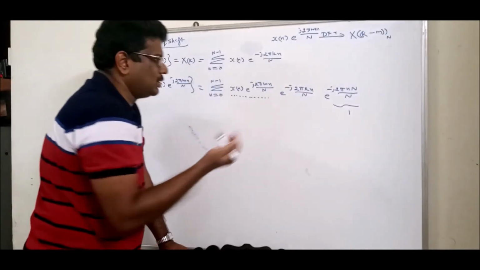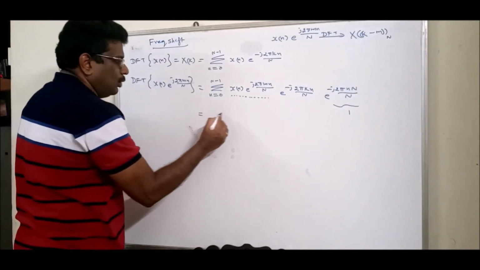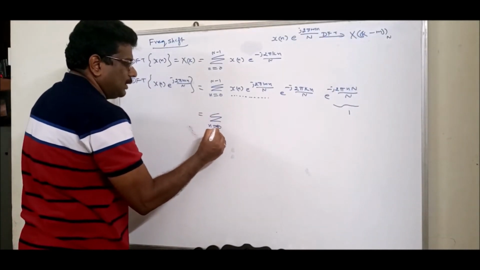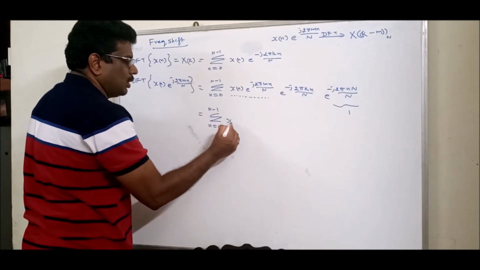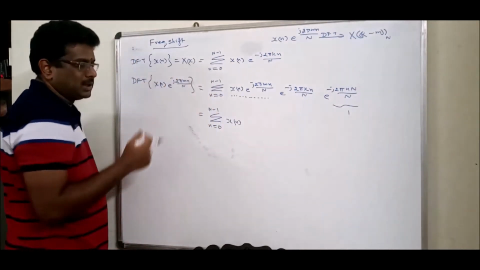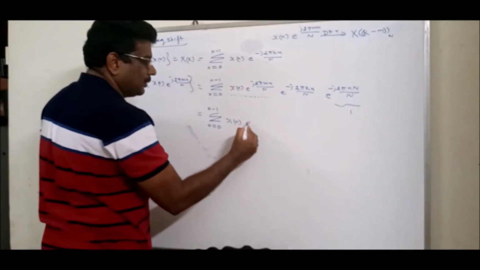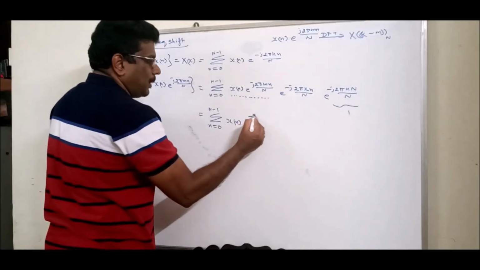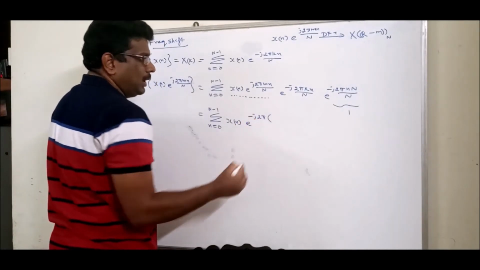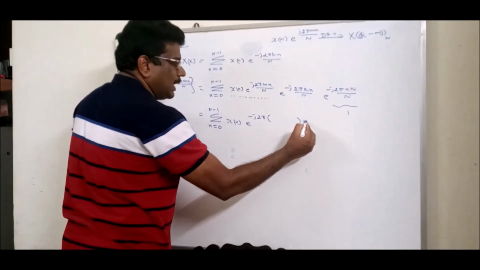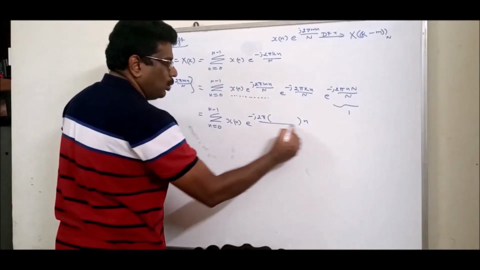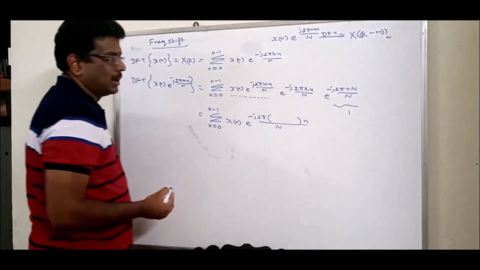Multiplying by 1 is not an issue. If you do like this, summation n equal to 0 to n minus 1 x of n. How many terms are there? 3 e power terms. e power minus j 2 pi, in all the 3, n is common. Whole divided by capital N is common.